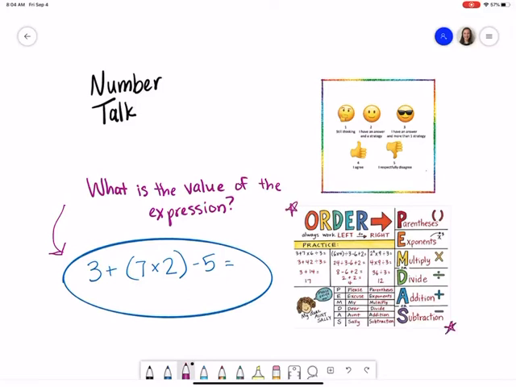So I put that over here for you to look at. And now pause the video and answer this equation. Okay? So hopefully you were able to get an answer.